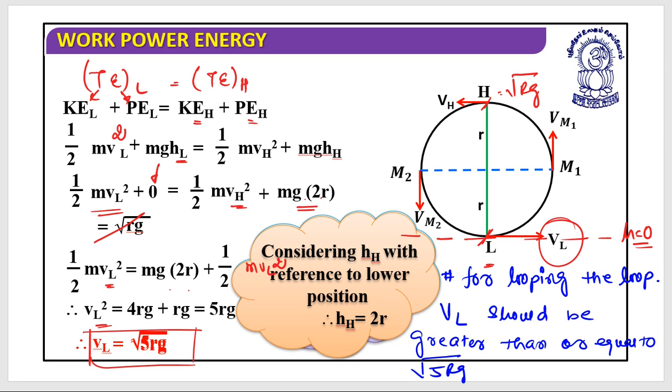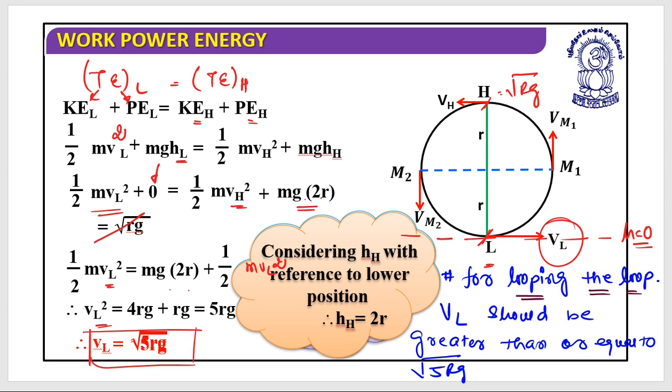While I say looping the loop, I mean to complete at least one vertical circle. So when we ask whether it will loop the loop or not, I always mean that at the lowest position its velocity should be root of 5rg.